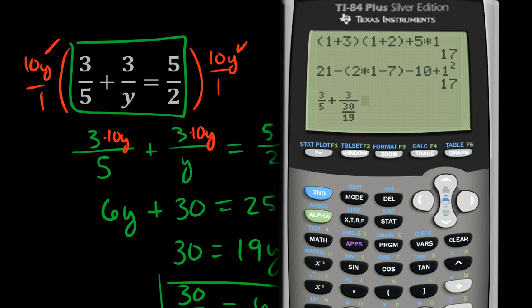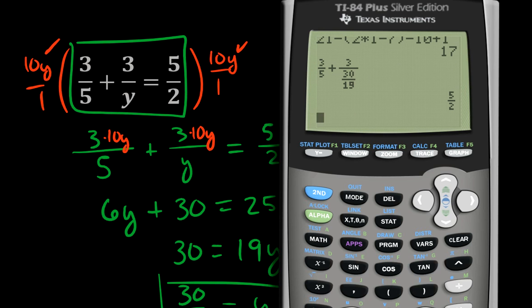So this should say 2.5 when I press enter, and oh, that's nice. It expressed it as a fraction, which is great because when I put in that y is 30 over 19, the left hand side became 5 halves and the right hand side was already 5 halves. So it clearly is the solution to this equation.